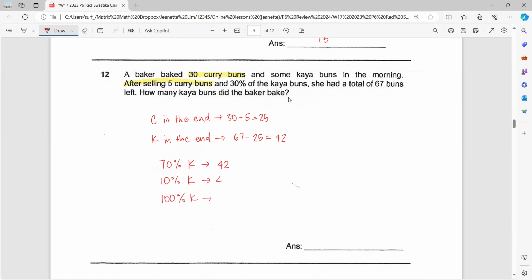Okay, so to find 10%, we'll take 42 divided by 7. Then from 10% to 100%, take note not to multiply by 100, but to multiply by 10. Okay, so that's the number of kaya buns at first.